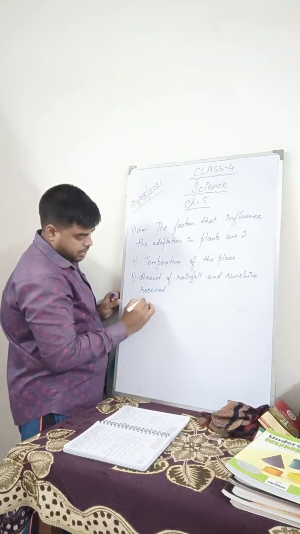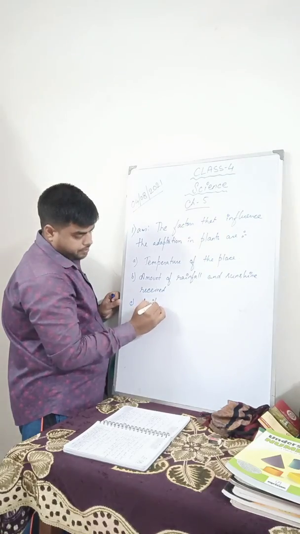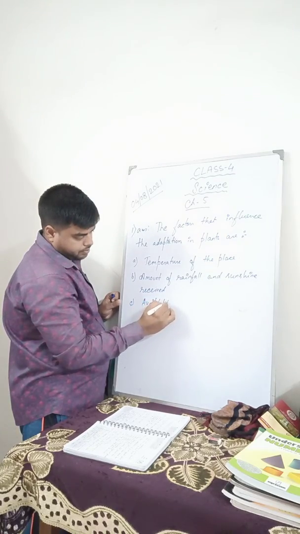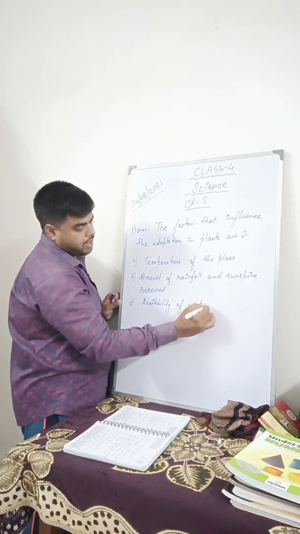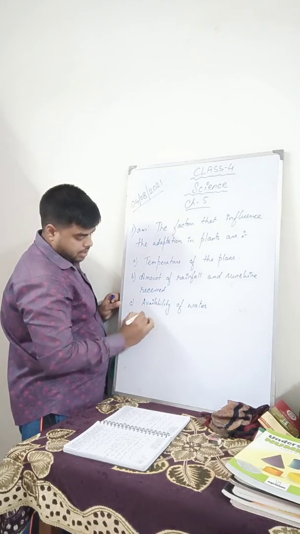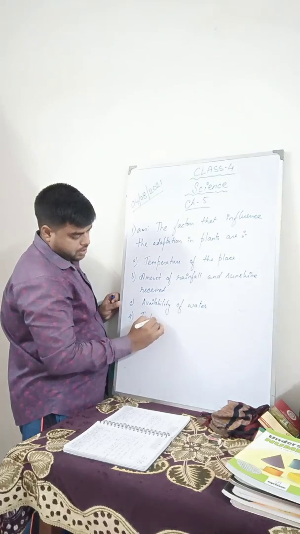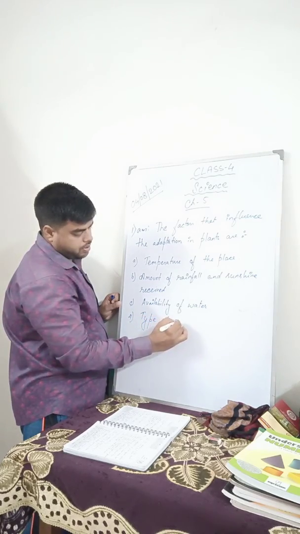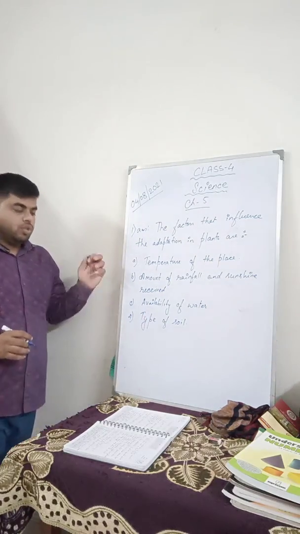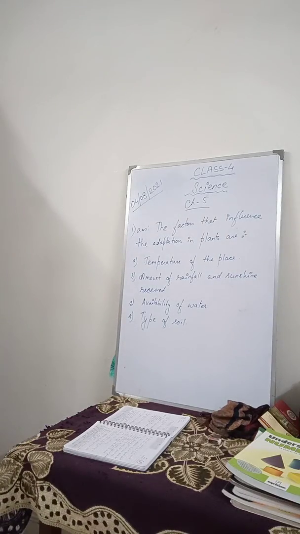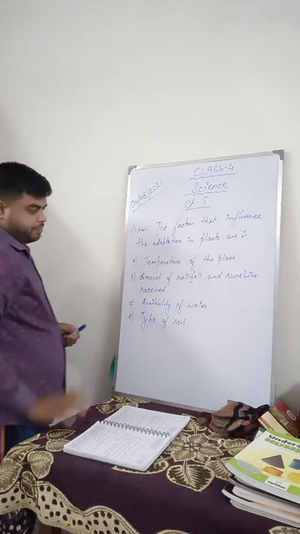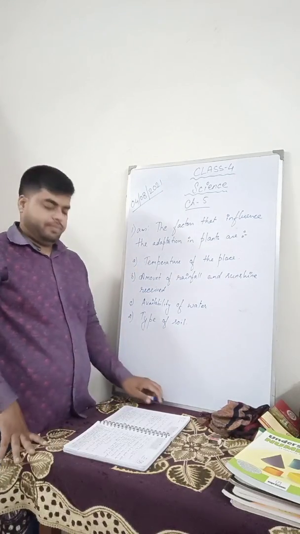Number 3, availability of water. And number 4, type of soil. So these are the 4 factors that actually influence the adaptation of plants. So please write this.